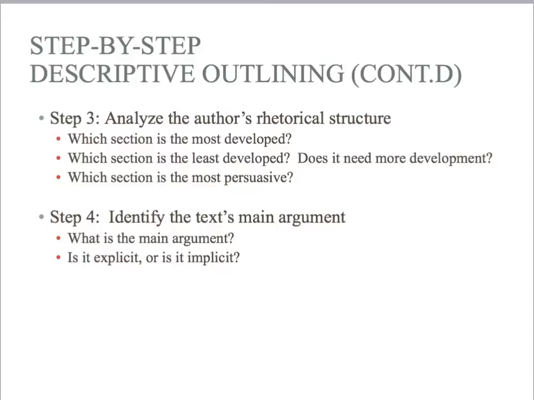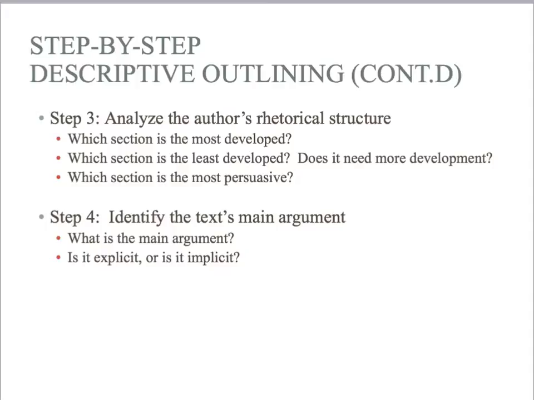Then which section is the most persuasive? It could very well be that although a given section only has a limited amount of information, the information that's provided is so strong that it could still be far more persuasive than any section that had lots of information. Sometimes less is more.